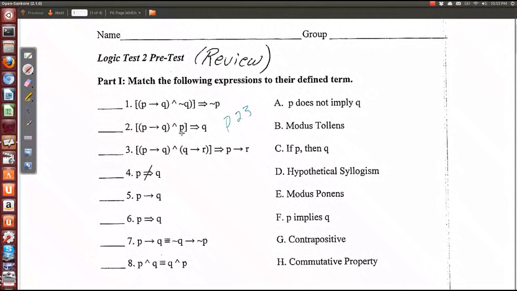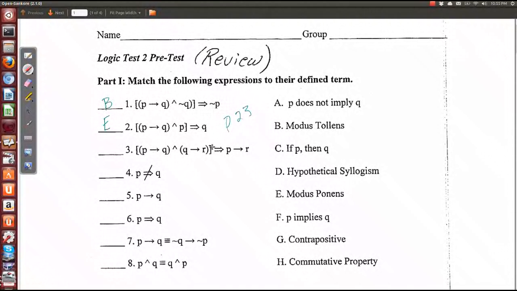They are the modus ponens argument, where I have a conditional and the antecedent implies the consequent. We've got the modus tollens argument, where a conditional and the negation of a consequent implies the negation of the antecedent.